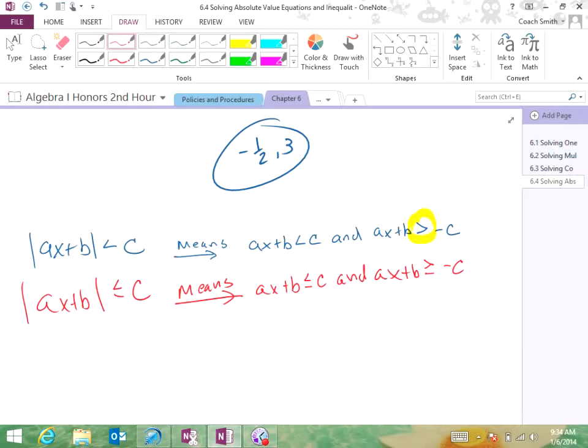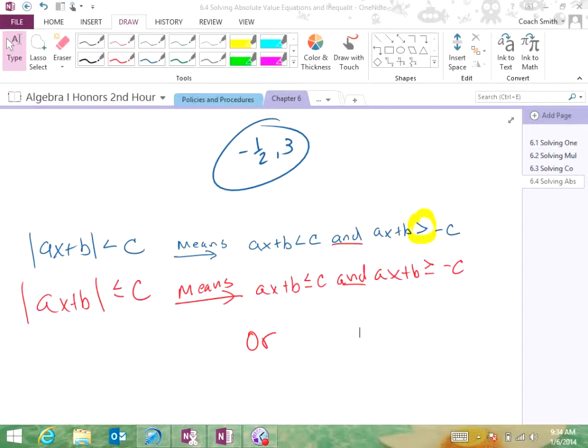Now, as with the equations, you had the or statement. Okay, we had the or statement. Now you have and or for the inequalities. The reason you would have the and or statement in inequalities is because we had it earlier when we were solving regular inequalities.